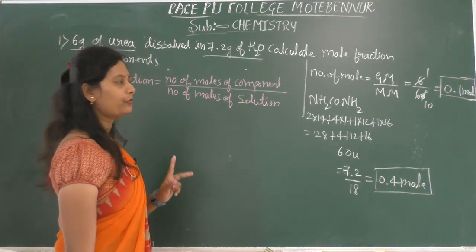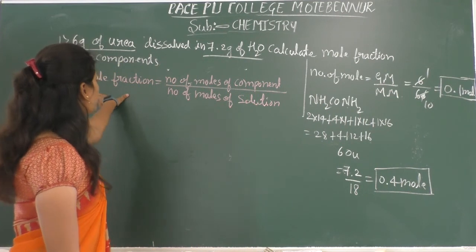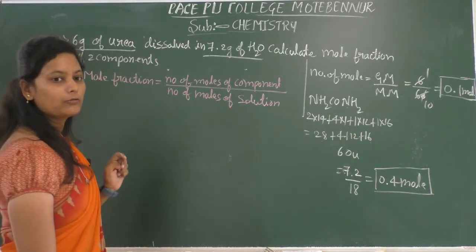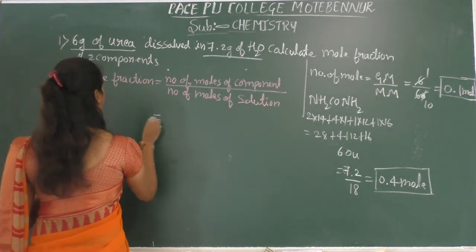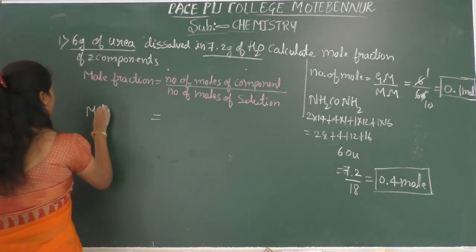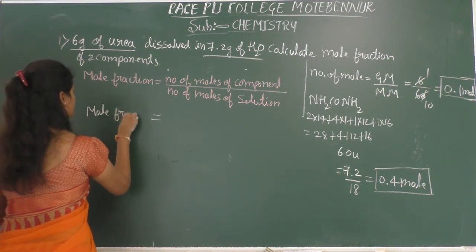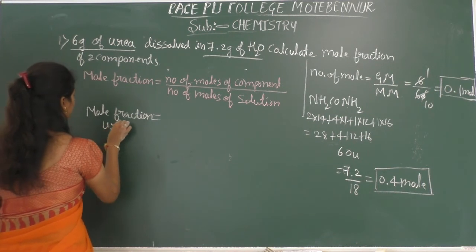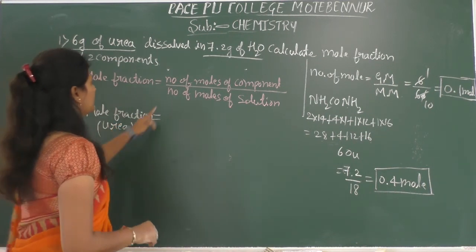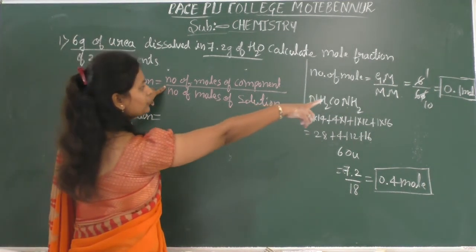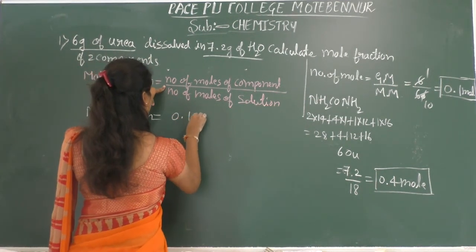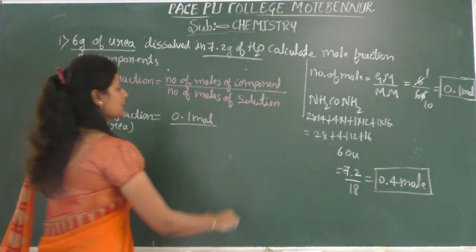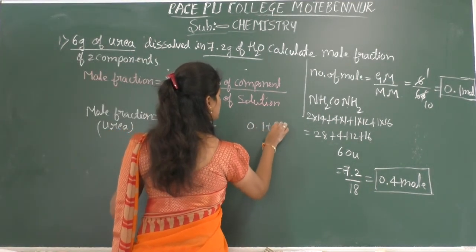So next what we have to find? So here we have to find the mole fraction for urea and also mole fraction for water. Okay, so here mole fraction for the first one, urea. So here the number of moles of component, urea, is 0.1 mole. Next, number of moles of solution, that means 0.1 plus 0.4.